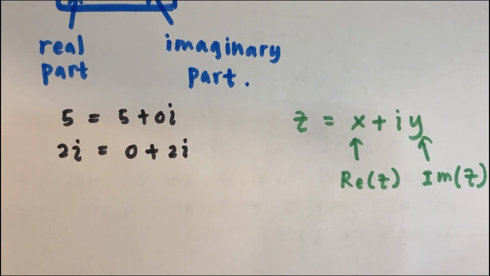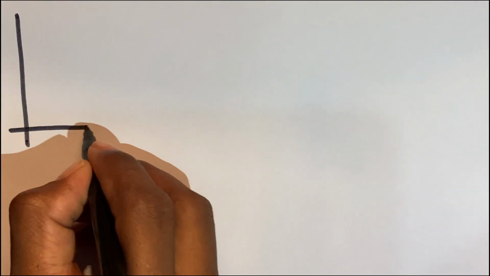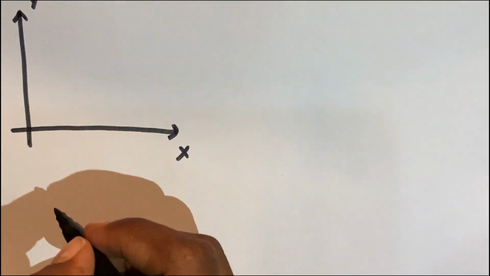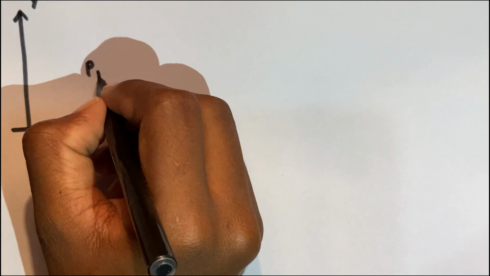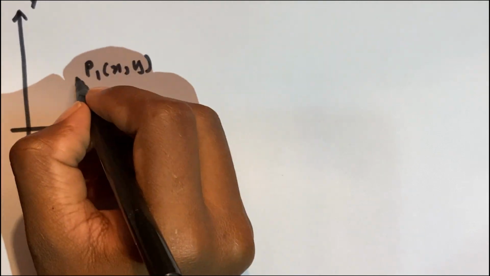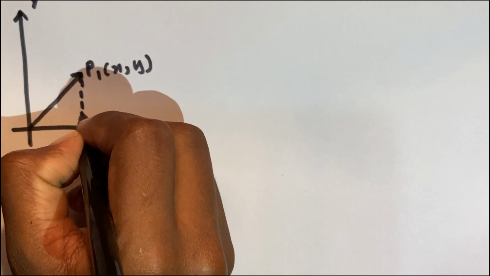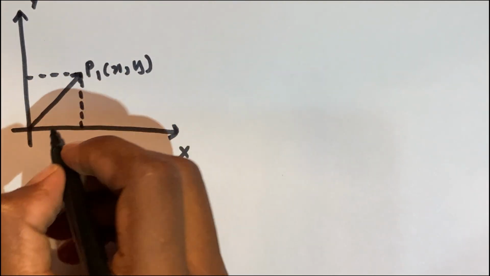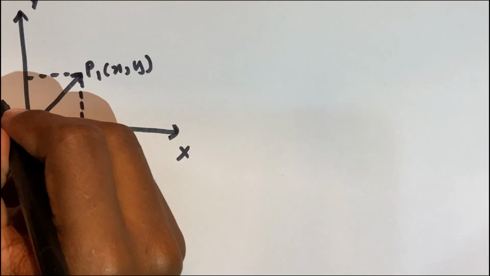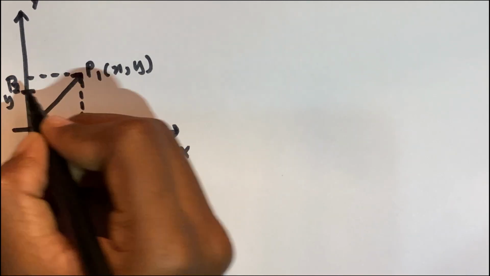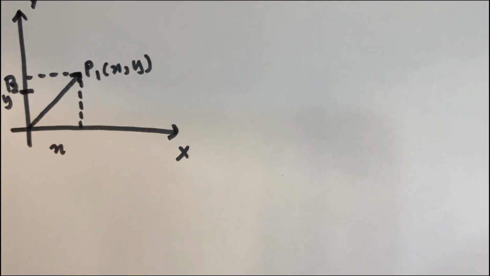Furthermore, I will explain this using the Argand diagram. Keep in mind, this is not the same as the standard xy plane. There are 2 points. The first point, P1, is located at coordinates (x, y) in the Argand diagram. The second point, P2, is located at coordinates (0, 5) in the Argand diagram.